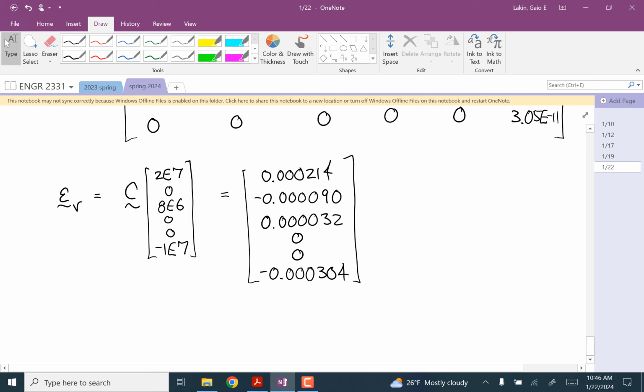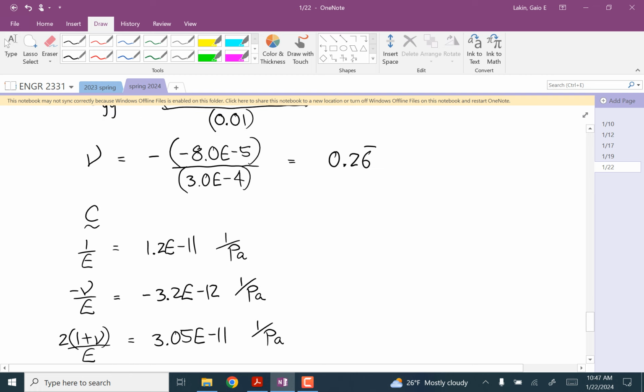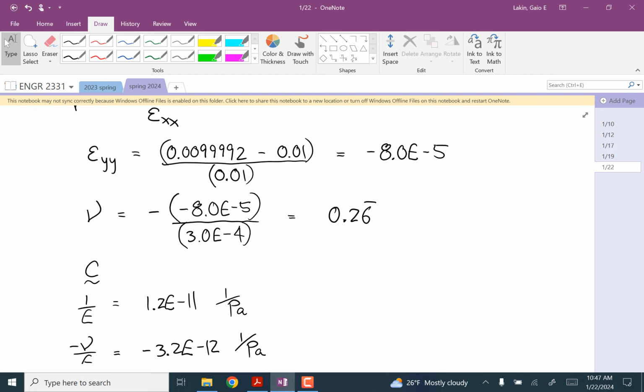Yes? Are there any materials that have a standard compliance matrix? The compliance matrix, yeah, as long as somebody before has done a tensile test of that material, then you don't have to do it yourself. You can just look up the values.